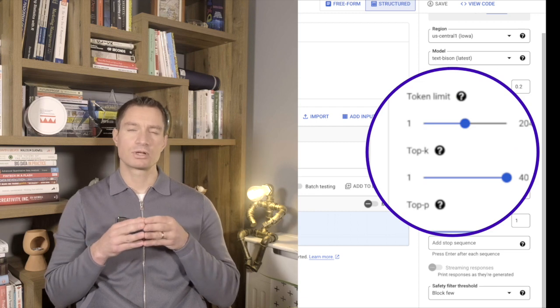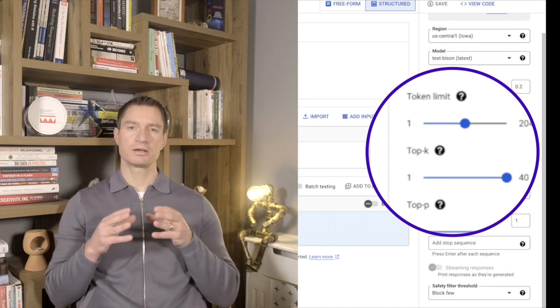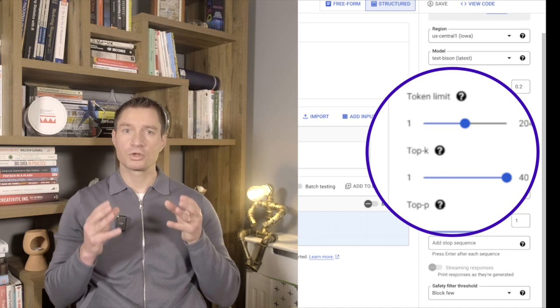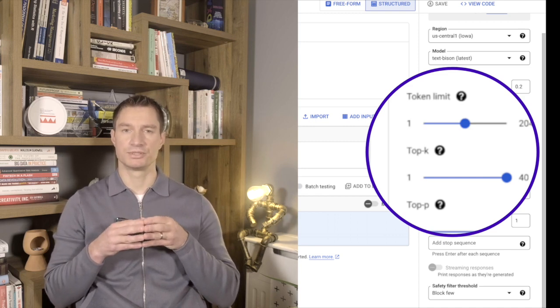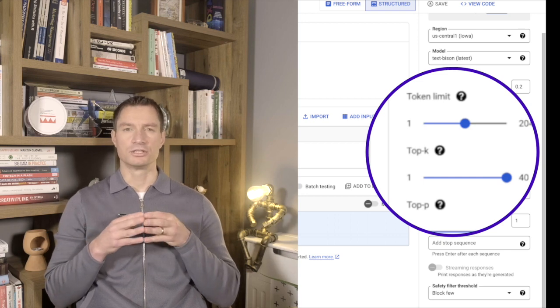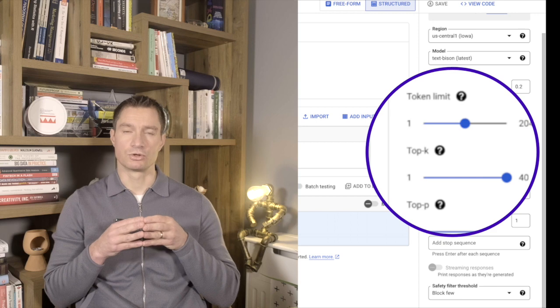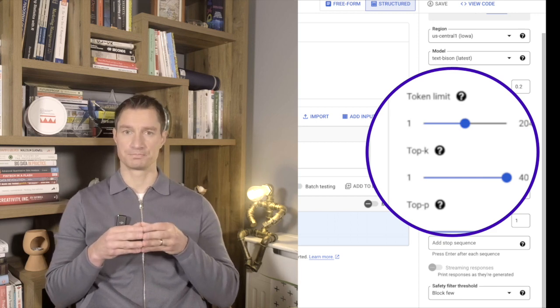Once again, this one has a direct impact on the degree of accuracy or creativity you are looking to achieve. Think about it this way. The model predicts what comes after, token by token, based on the highest probabilities as learned from the dataset. Now, the top K parameter instructs the model on how many results to consider at each step of generating a new token.